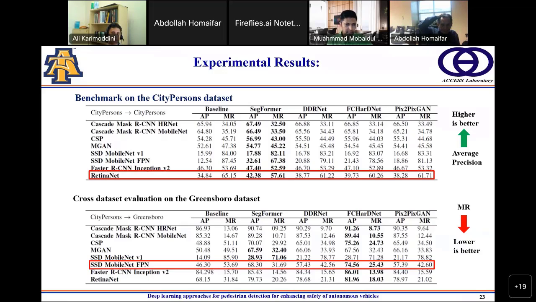Column one is no fusion. Okay. Except the baseline, you have the second column, third column, fourth column, and fifth column. Those are your method, right? Yes, Professor.